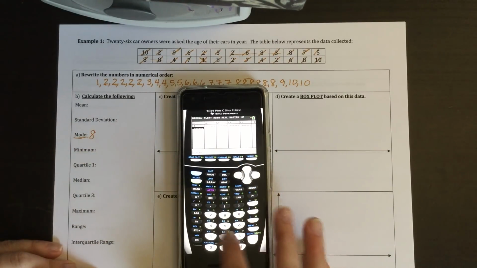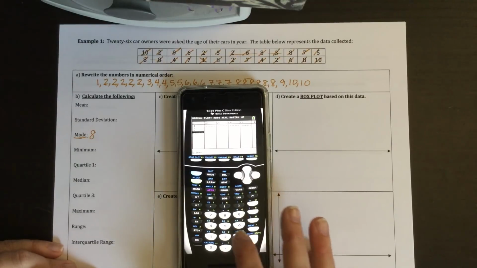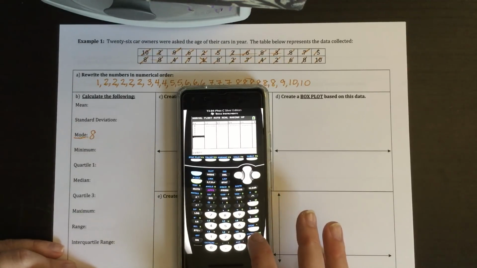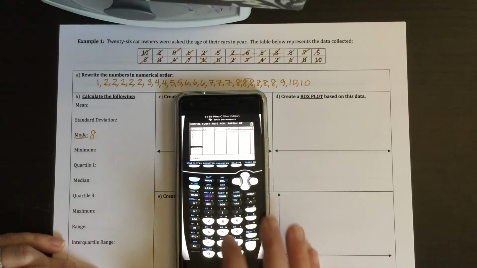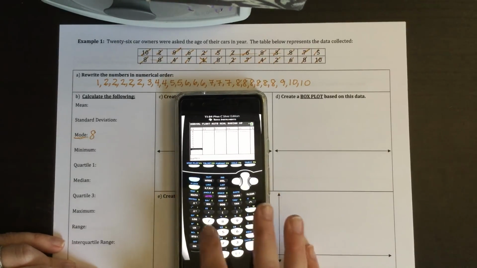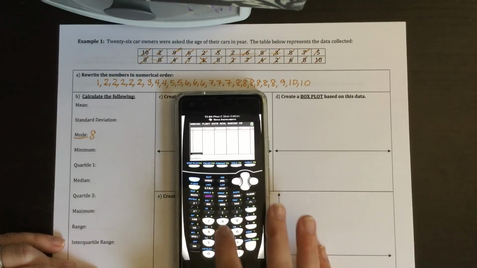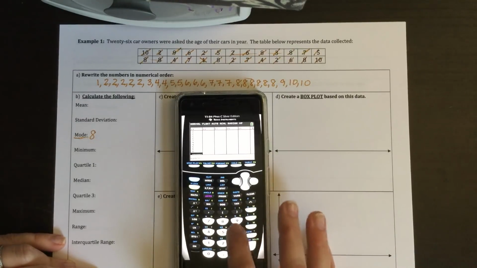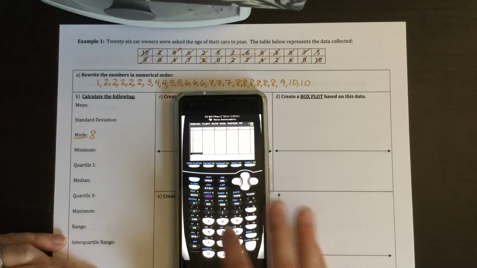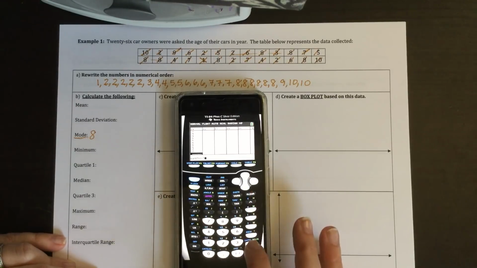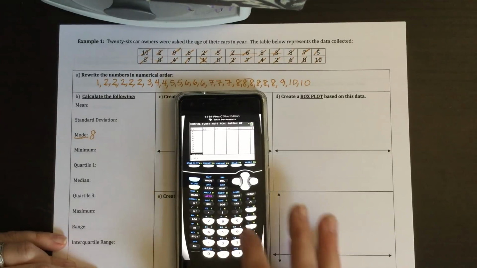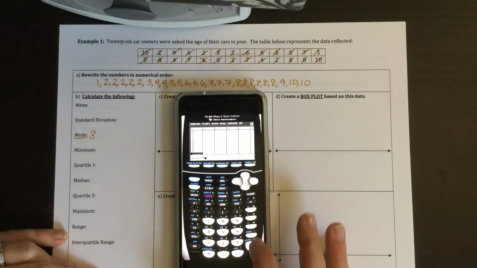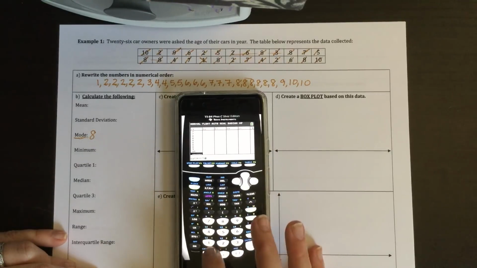So 1, 2, 2, that's 4, 5 2s, a 3, 2 4s, 2 5s, 3 6s, and 3 7s, 6 8s, so 1, 2, 3, 4, 5, 6, 1 9, and 2 10s.